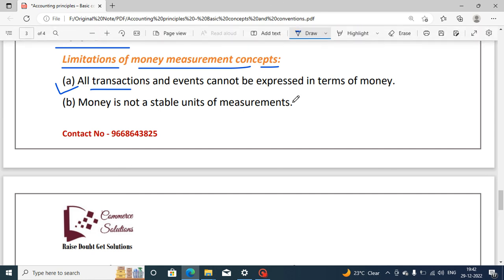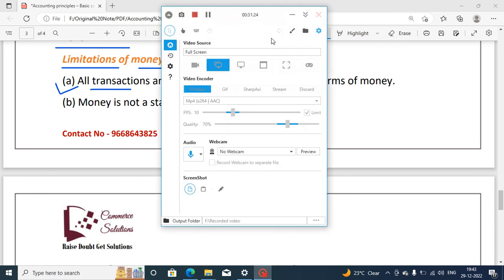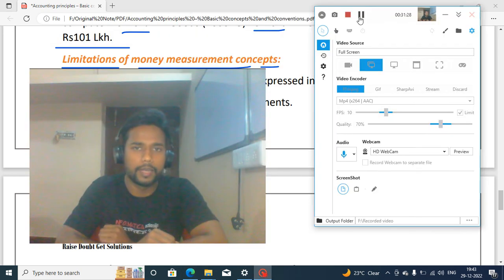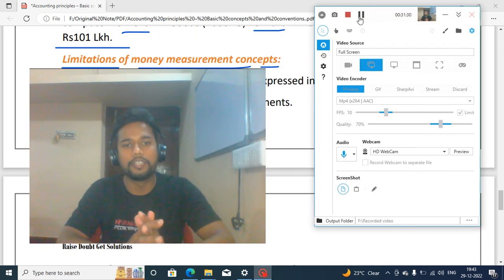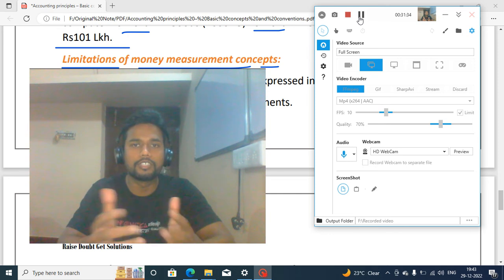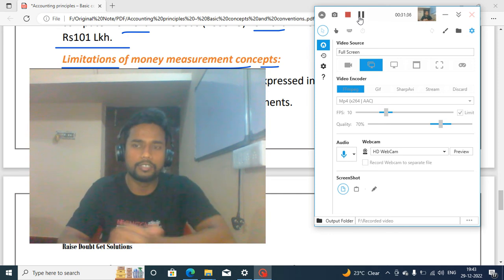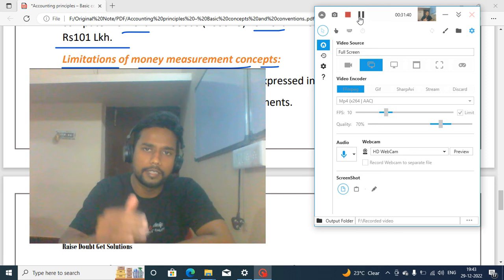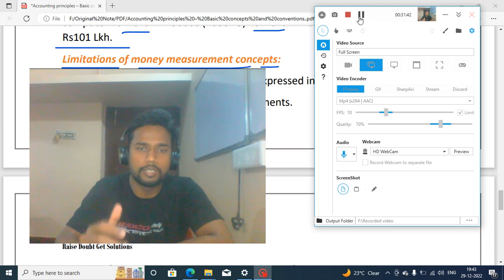Another drawback is that money is not a stable unit of measure. Why is money not stable? Because the value of money is increasing and decreasing with general price level changes in the market. When general prices are increasing in the market, that is a case of inflation.